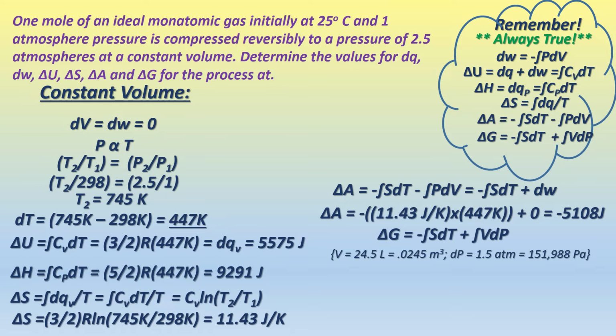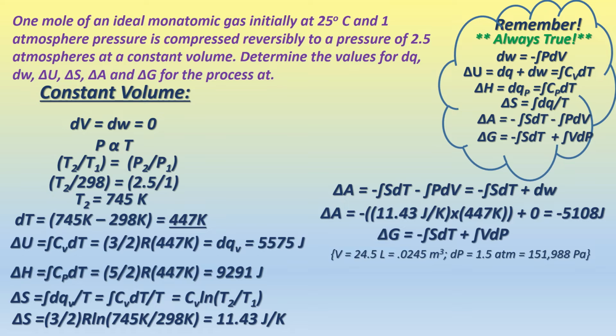Again, ideal gas relationships. It was given that I had 1 mole of an ideal gas at 25 degrees C, and the volume stayed constant, which means it had a volume of 24.5 liters, where 1 liter is 1,000 cubic centimeters. So 24.5 liters is 0.0245 cubic meters.